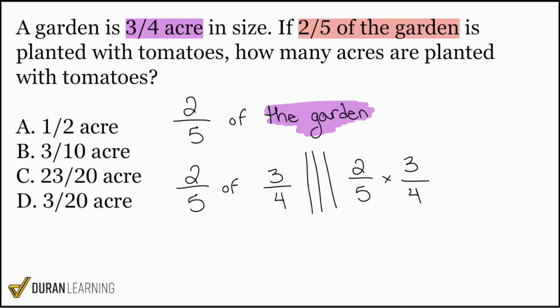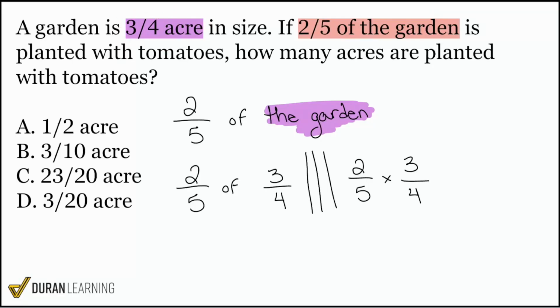Because if it quite literally said 2/5 of an acre is planted with tomatoes, that's how many acres are planted with tomatoes. So that's why it's not going to be addition or subtraction. It's going to be multiplication strictly because we are saying 2/5 of the garden, and the garden is this size.